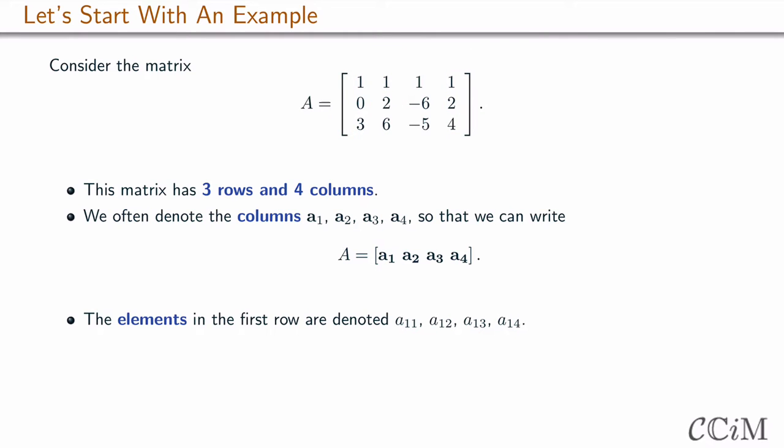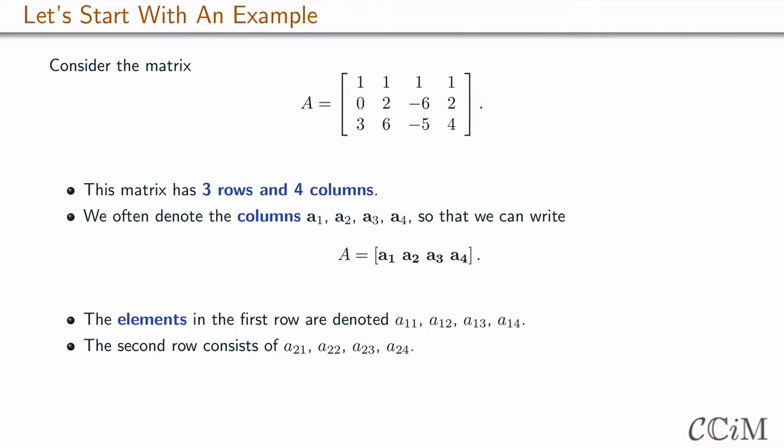We also give each individual element of a matrix a name. The elements of the first row are, this one right here is A11, the next one is A12, then A13, and then A14. So in the notation, we have 2 indices for each A. The first index indicates which row we're talking about, and the second one is the column.